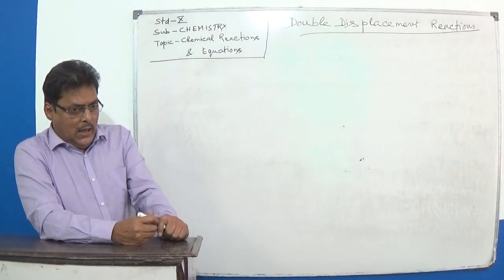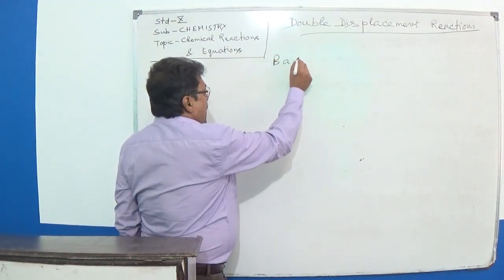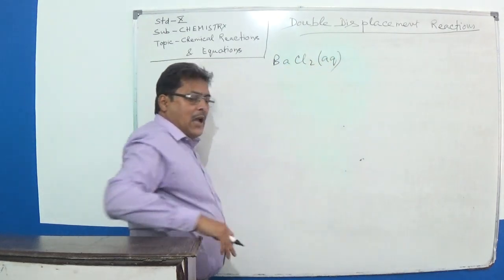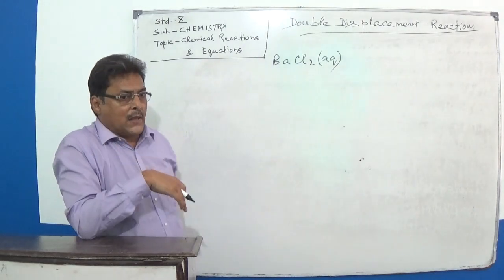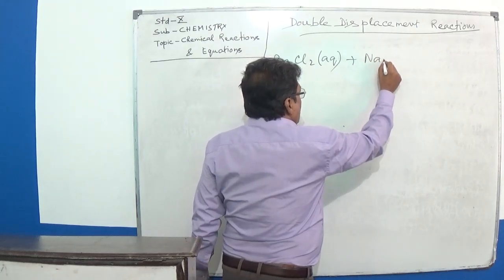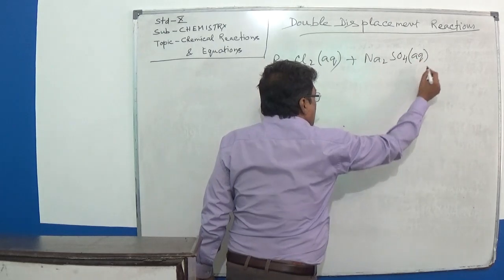First look at it. Let us say we take barium chloride in its aqueous solution. I am not going into the ionic part, you will learn it later on. And we put it with sodium sulfate, also aqueous.